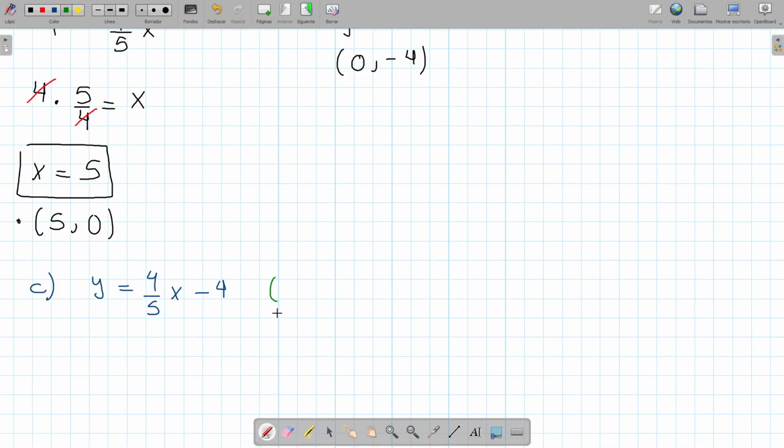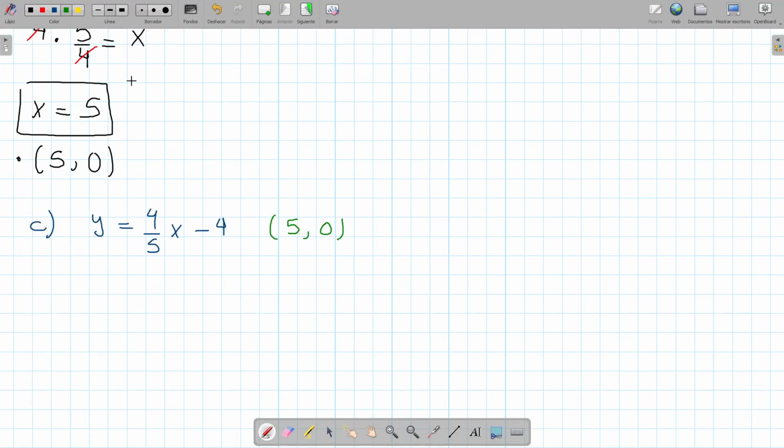So we have 5 and 0. What we are going to do is replace the values. Remember, this is going to be x and this is going to be y. So if I replace the values here, y is going to be 0, equals 4 over 5, and x is just 5, minus 4.